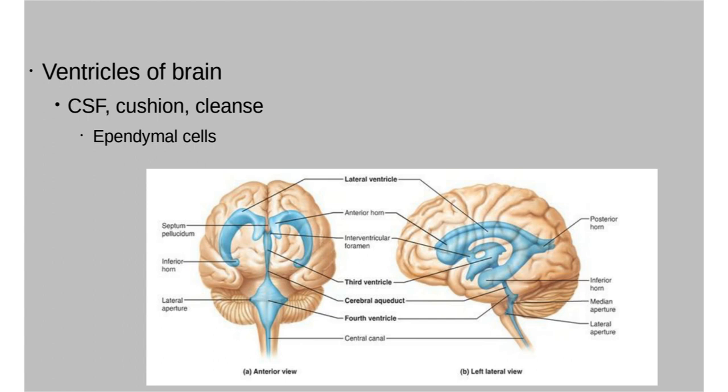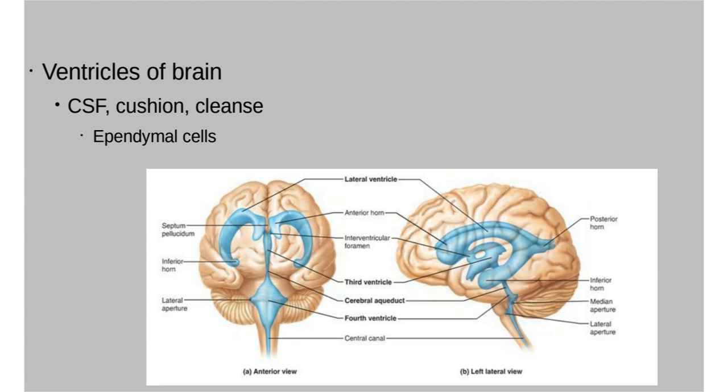The CSF is similar to plasma of the blood, and it's actually made from plasma of the blood by the ependymal cells. Remember the ependymal cells from chapter 11, the self-study portion? Those cells make cerebrospinal fluid, and they're actually making it from blood.